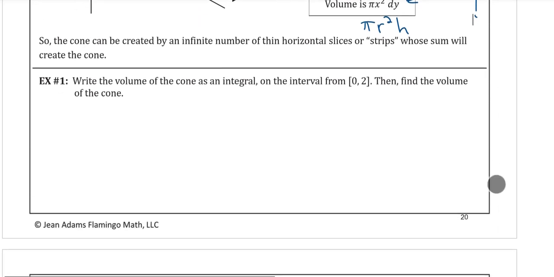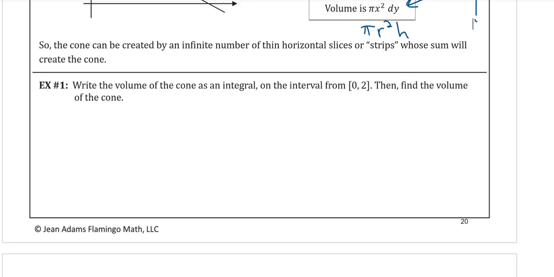Okay, so what we're supposed to do is write the volume of a cone as an integral on the interval from 0 to 2, then find the volume of the cone. The cone we're doing is the one we looked at above. These are my y values here.